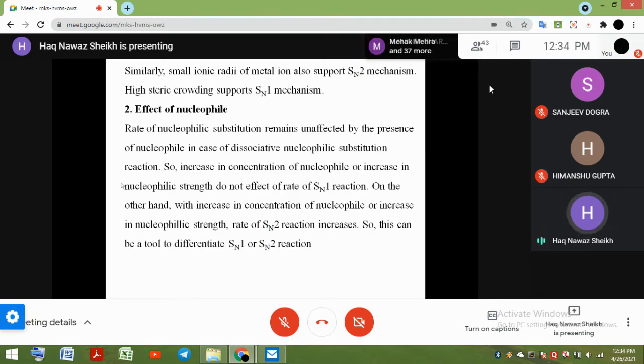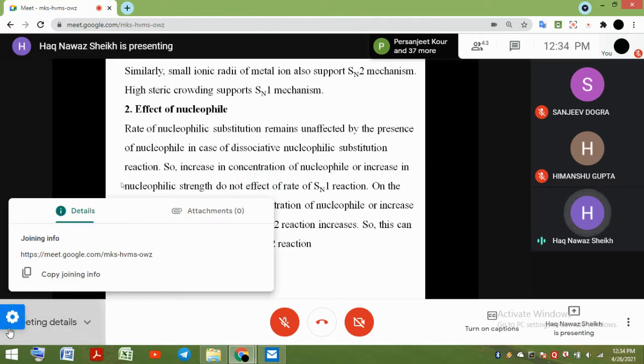If a complex is following an SN1 mechanism, then obviously the rate of the reaction is independent of the strength of the incoming nucleophile. So if an increase in concentration or a change in the nature of the nucleophile does not affect the rate of the reaction, then obviously it is an SN1 mechanism.